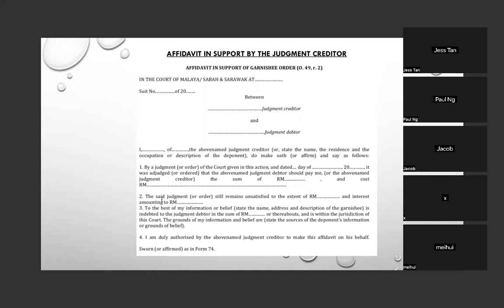If you have encountered a case where you don't have any knowledge of the bank accounts held by the judgment debtor, can you file a general application to the court? Let's say you put in RHB Bank, Hong Leong Bank, Maybank, CIMB, all the banks. Will the court actually grant the order?